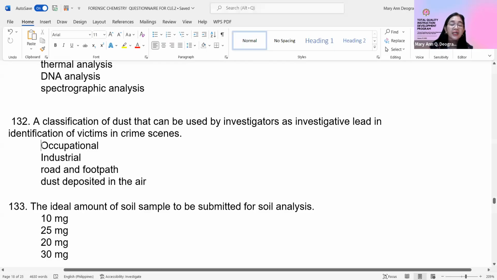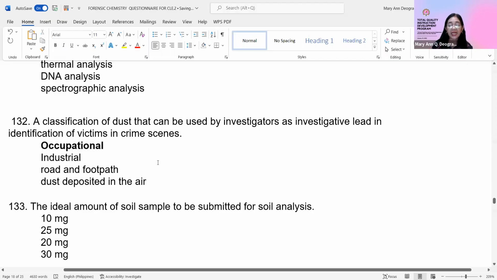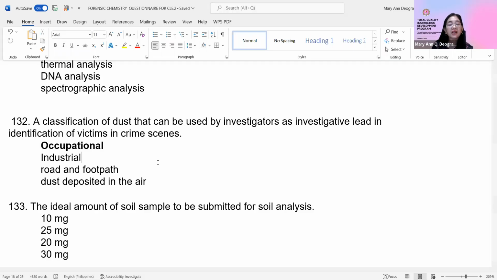The victim is already dead, tapos unidentified yan. So walang pagkakakilanlan doon sa victim natin. So an investigative lead for the investigators is the clothing of the victim. Kung merong mga mancha or some dust are deposited, kunyari chalk, o kaya mud, o kaya cement, ayun, no? So this will give an investigative lead kung ano yung klase ng trabaho ng tao na yun.